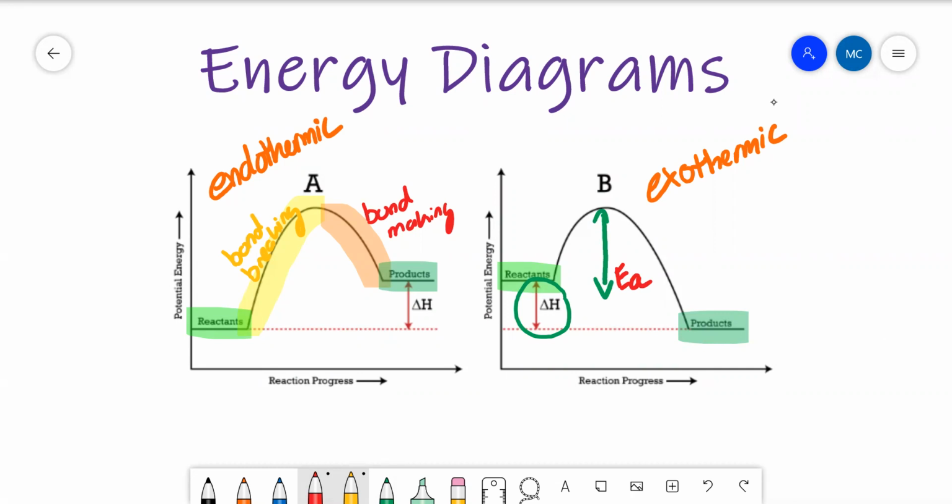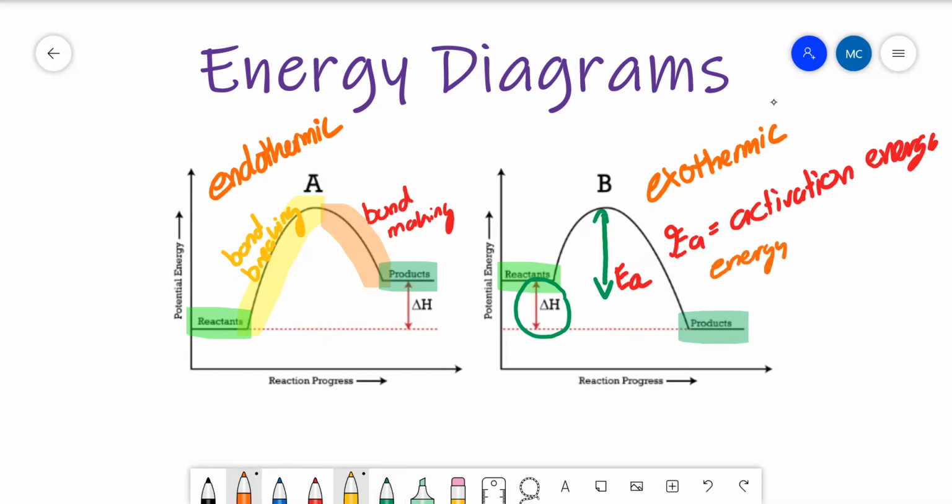So let's write it: EA equals activation energy, and this is the energy needed to break bonds. That is very important, and that is the energy needed to start the reaction. Remember, to start the reaction, we will always need to break the bonds.